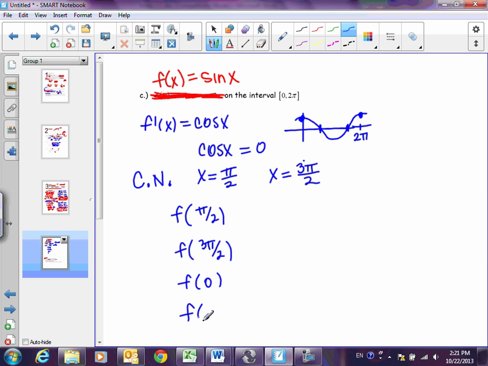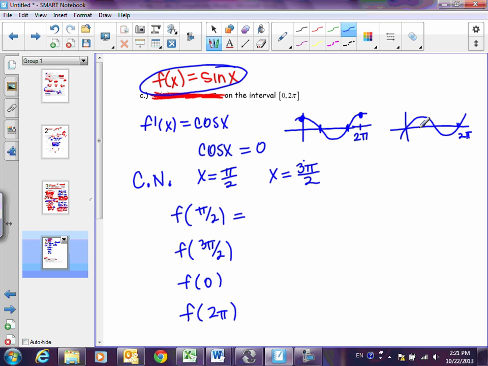0 and 2 pi. And remember, the original function was sine. So maybe we need to graph sine over here, because these are all what we call quadrantal angles.